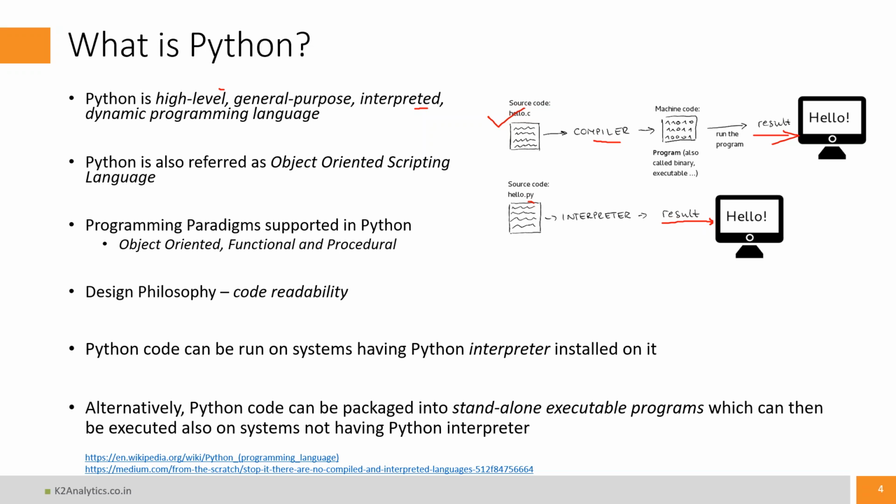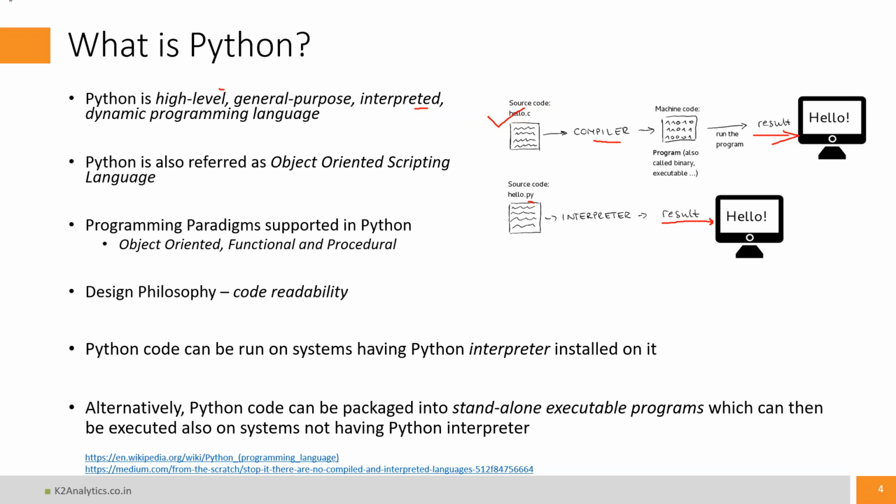So you can have loopings, in which the value of the variable can keep changing, or depending upon what data you are processing, the value can change, and that changed variable you can directly take into your logic. So that's why it's dynamic. So Python is a high level, general purpose, interpreted, dynamic programming language.